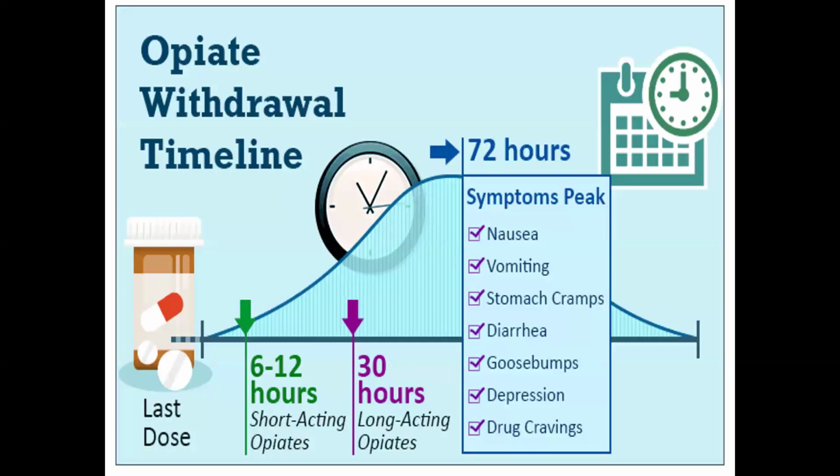Another thing that I want to talk about is the opiate withdrawal timeline, because patients that have opioid use disorder can get opiate withdrawal symptoms if they stop the drug abruptly. And usually the symptoms peak after 72 hours. All right, this is important, guys. But with longer acting drugs, it takes longer, at least 30 hours, to start to have symptoms, while it is 6 to 12 hours with shorter acting opioids.